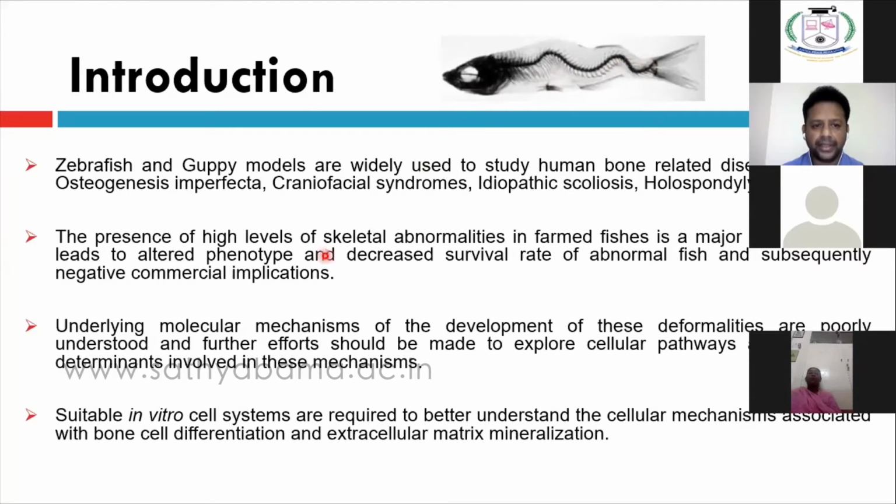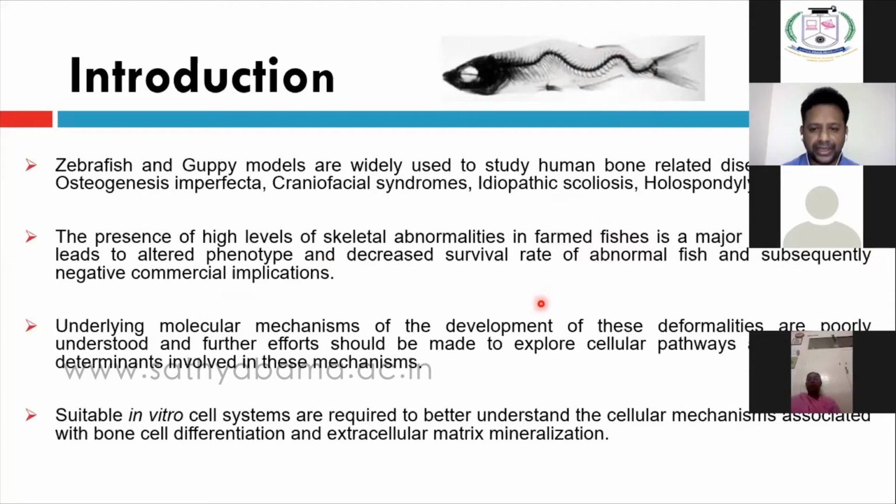You could see this kind of skeletal abnormality in farmed fishes, and that has an effect on the aquaculture industry. In order to study that, as well as human diseases, we need a fish cell line model.